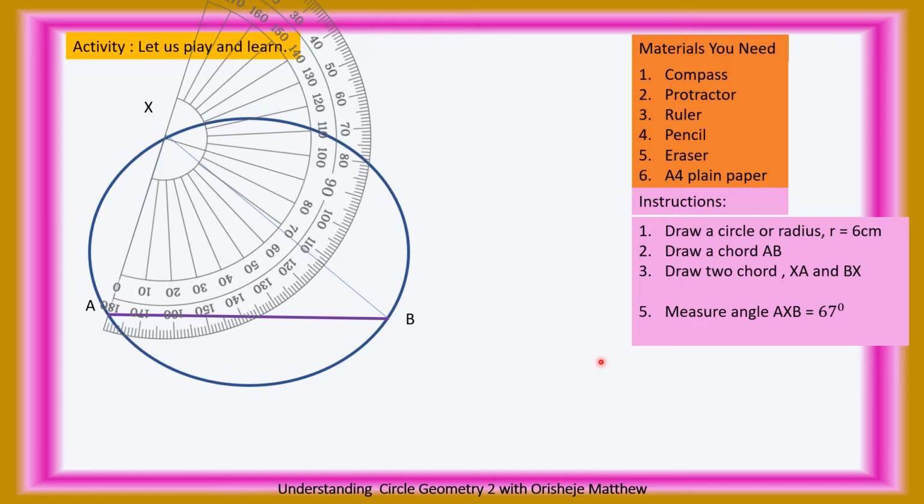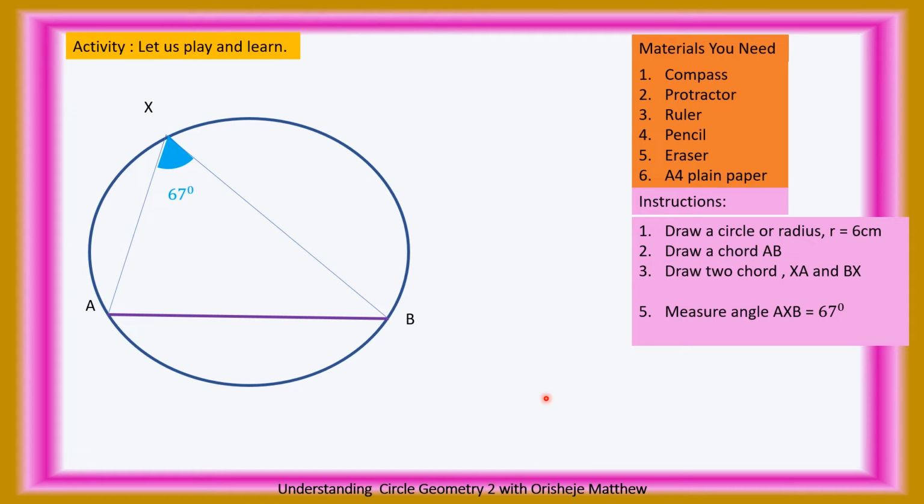Mine is recording 67 degrees. So what did you get in your own? I've labeled that and shaded the angle blue. So 67 degrees. Now draw another arc using this green color.